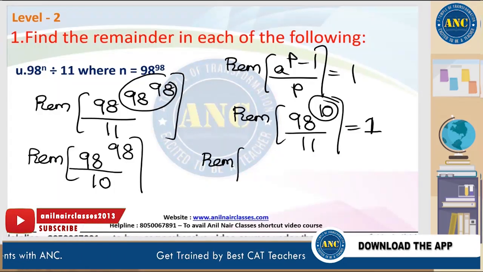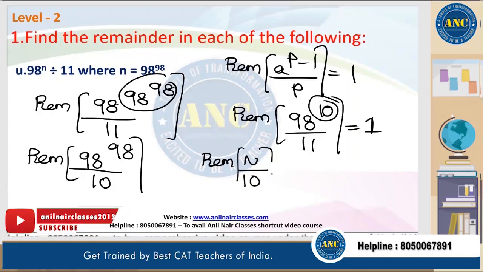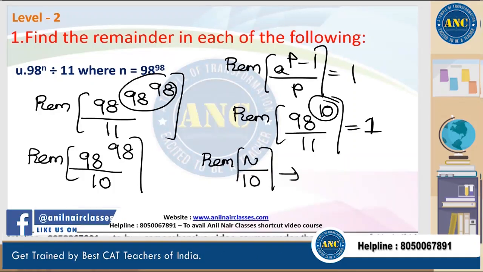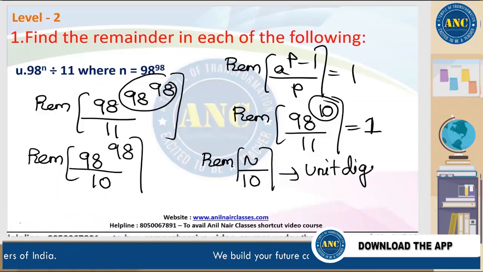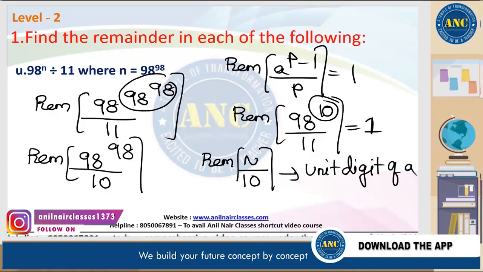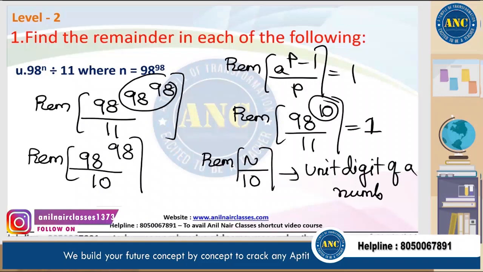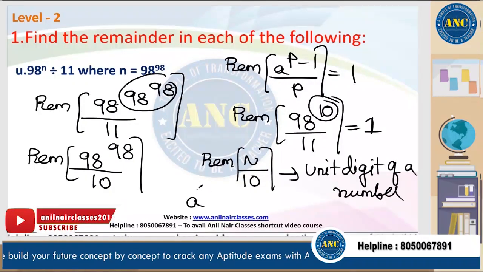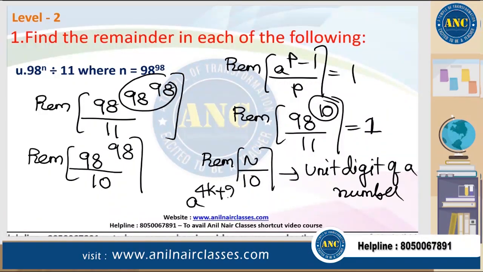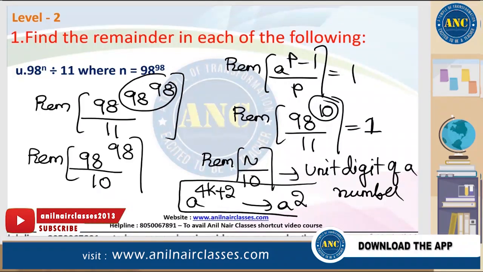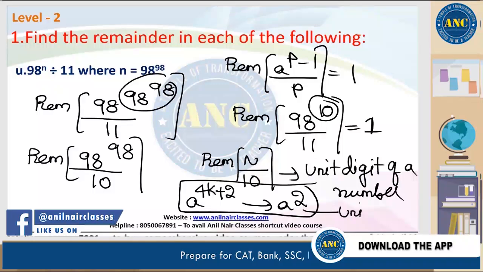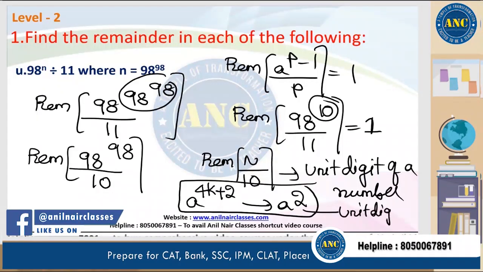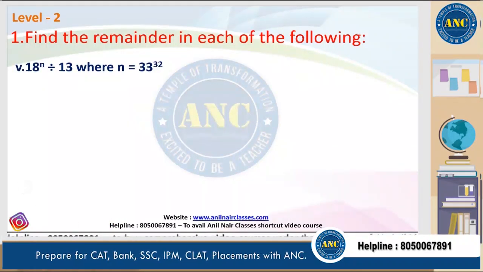Any number when dividing by 10 is nothing but the unit digit of the number. Remember this, in unit digit I will discuss. A power 4k plus 2 is a square. If the power is of the form a power 4k plus 2, unit digit will be a square.